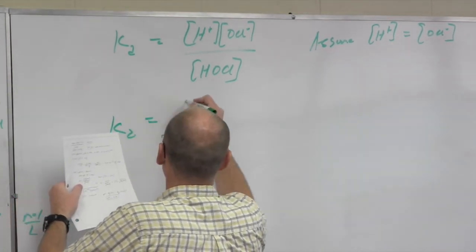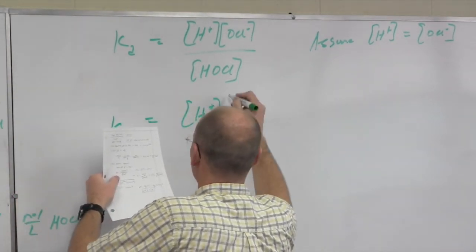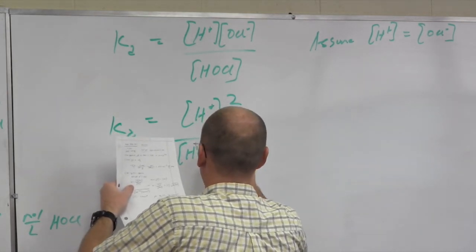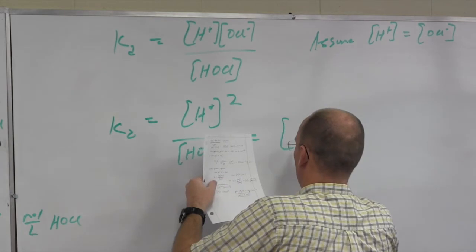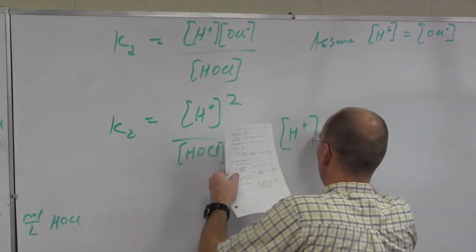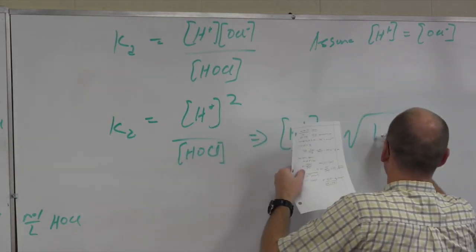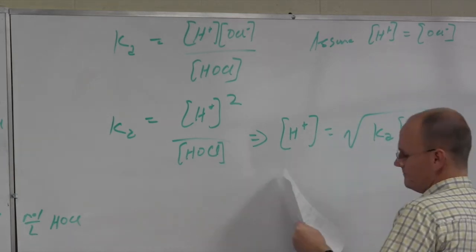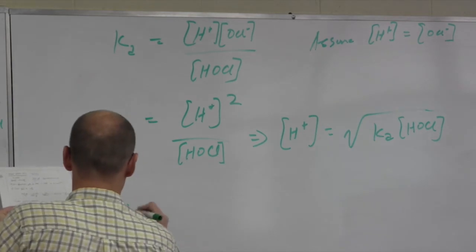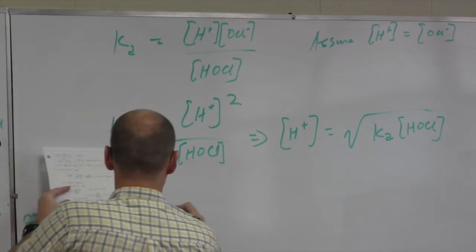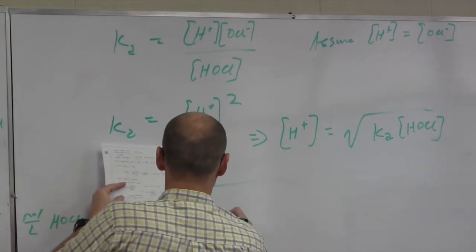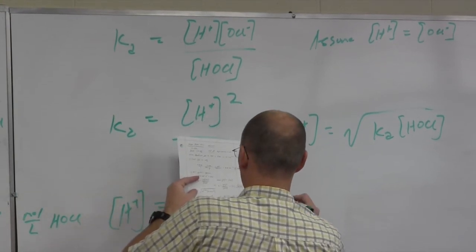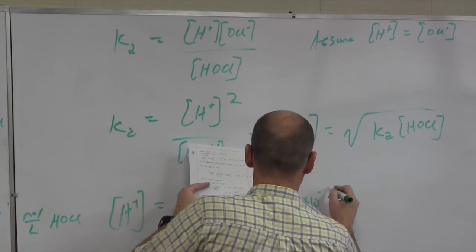Our new Ka then, we can write H plus squared over HOCl. And therefore, H plus is going to be the square root of Ka times the HOCl concentration. H plus then is going to be the square root of 10 to the negative 7.54 times 9.52 times 10 to the negative 6.